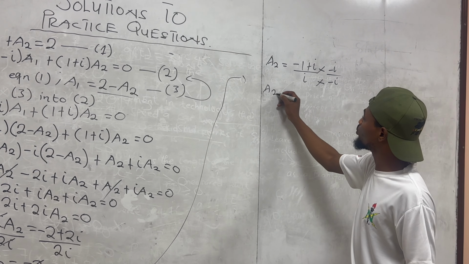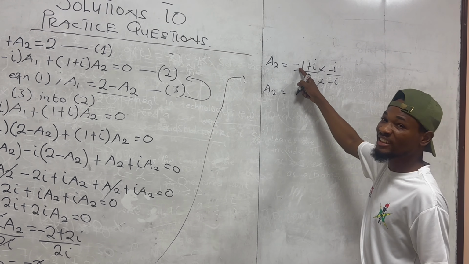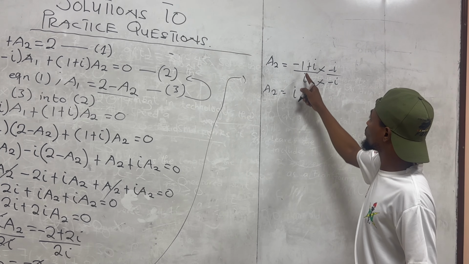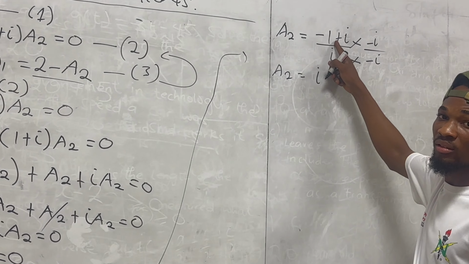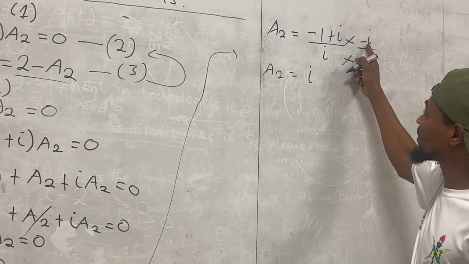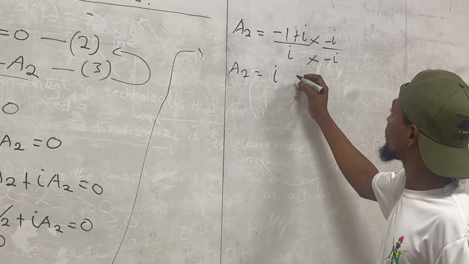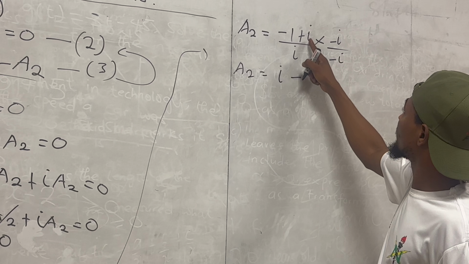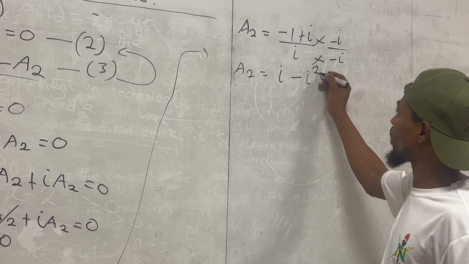So A2 is equal to, negative 1 times negative i is positive i. Then I have minus, negative times negative is i squared.